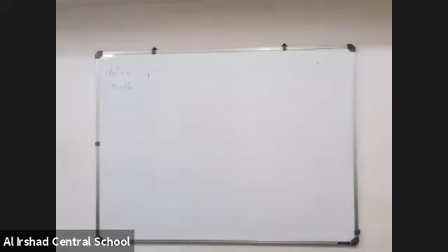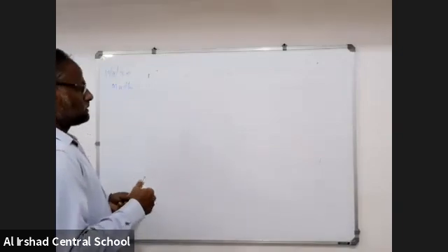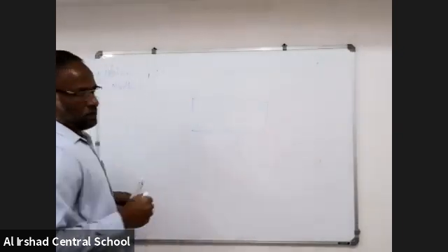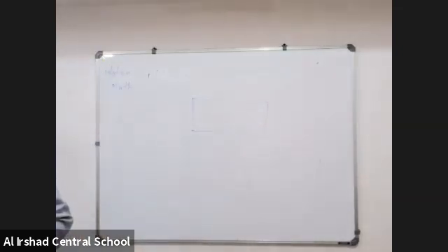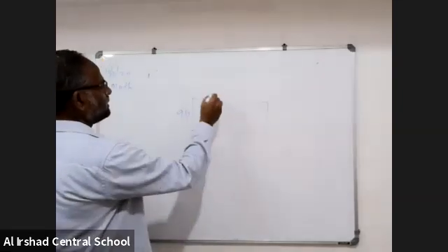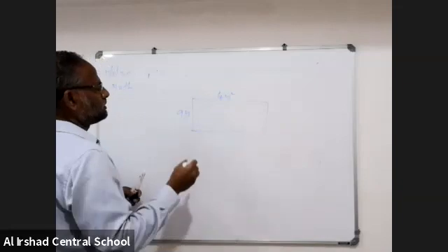Suppose this is the rectangle. Length is given. Length is 9y. You don't know what is y. Breadth is 4y square. So what is the area?